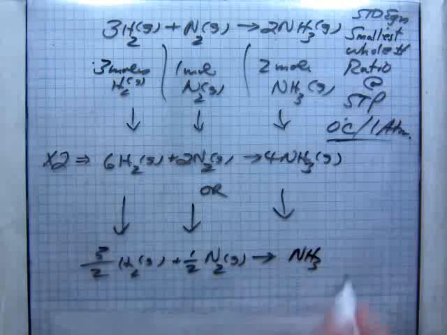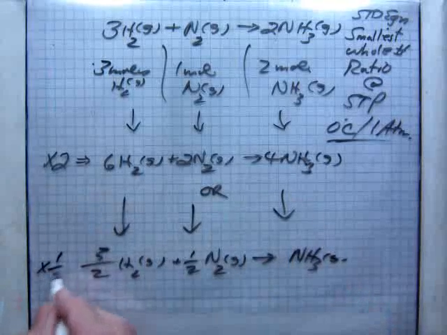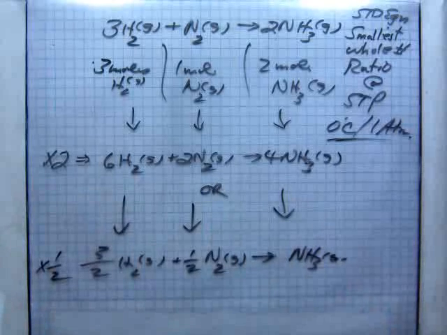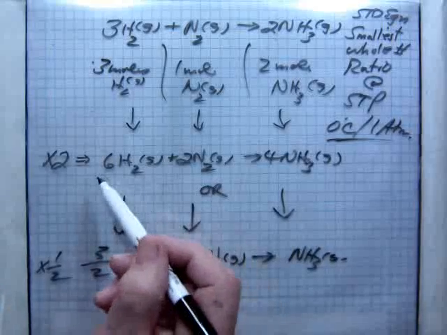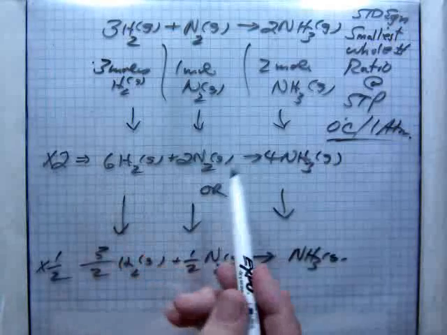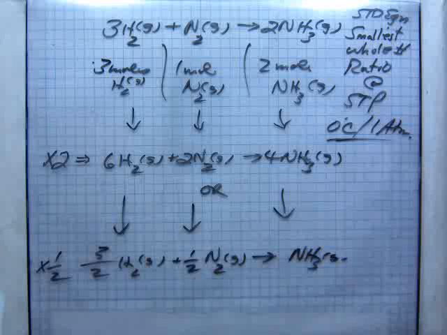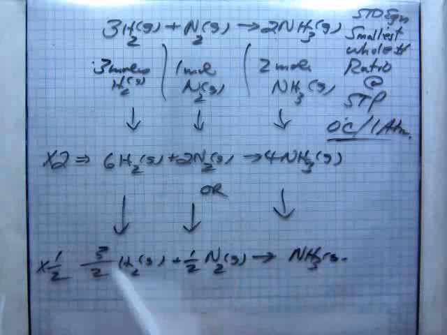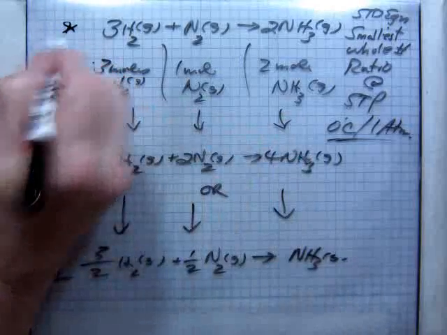So these are possible in the working of chemical equations, in that these are ratios. If you use 6 moles of hydrogen, you'll need 2 moles of nitrogen to produce 4 of ammonia. But these are relative equations to those coefficients, but they're not standard equations. So this is the only one that's a standard equation.